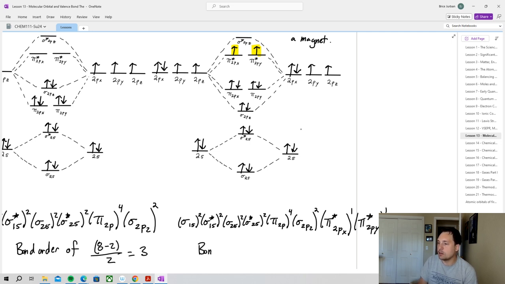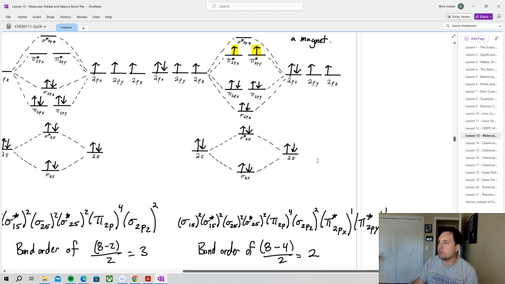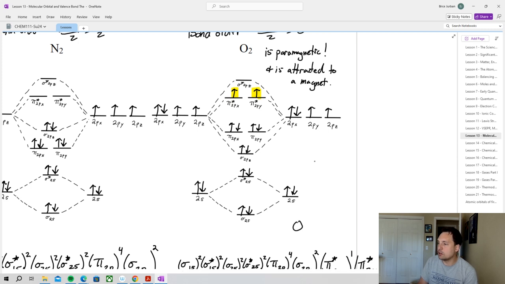Bond order here, we can calculate it, and we'll get that it's 8 minus 4 divided by 2, or a double bond. Now, normally we would draw oxygen like this, which I drew.